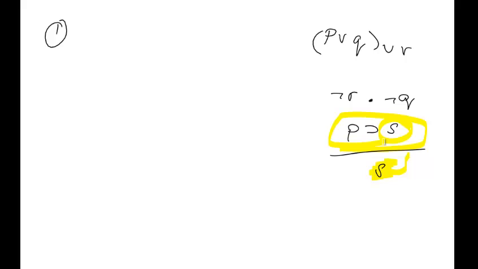So in order to get S out of this, unless it appears somewhere else, which it doesn't, we'd need P. So if you've got P, then you know S follows. Well, do we have P elsewhere on a line by itself? Well, we don't. So where does P figure? It shows up here. So we know that if we had P on a line by itself and we had if P then S, then we could conclude S.